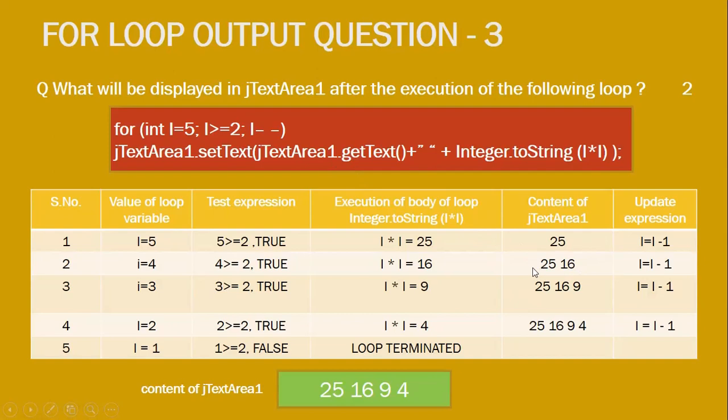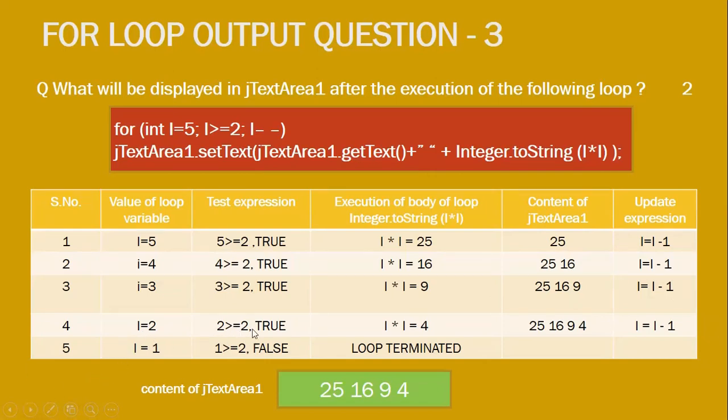In the previous iteration, the content was 2516, so this content will be concatenated with the result of this expression, which is 9. It will become 25 16 9, and this will be set in JTextArea1. After doing this, it will again jump back to I minus minus, that is I is equal to I minus 1. The value of I was 3, so it will become 2.